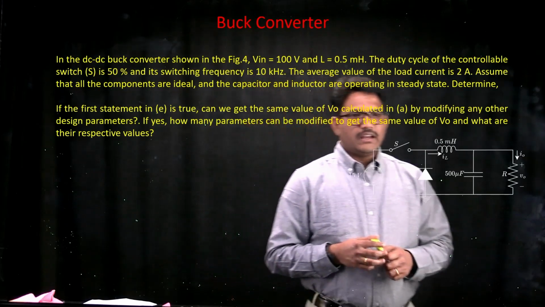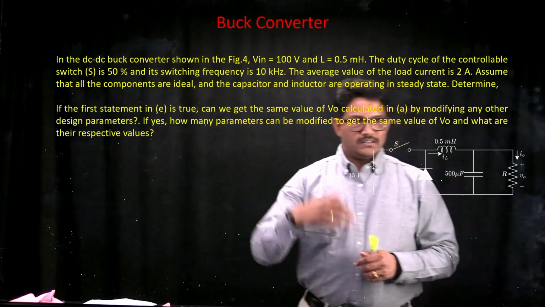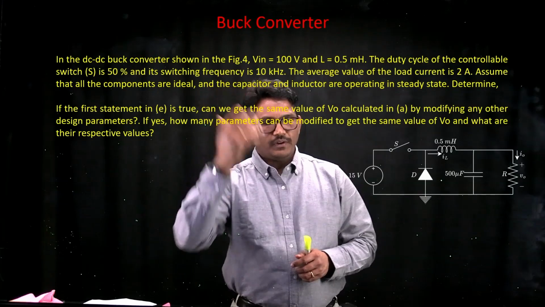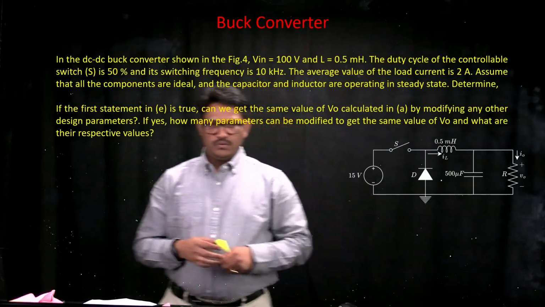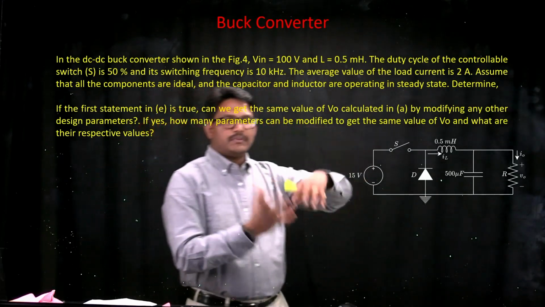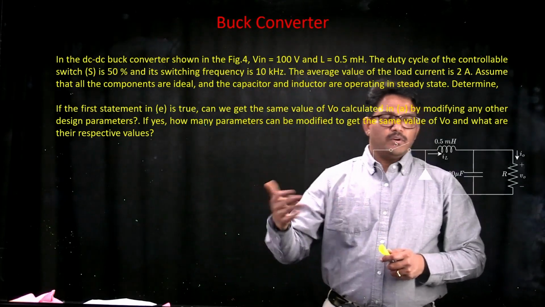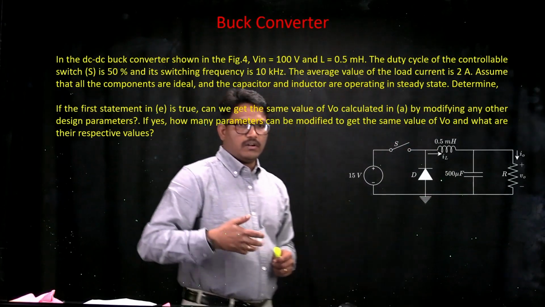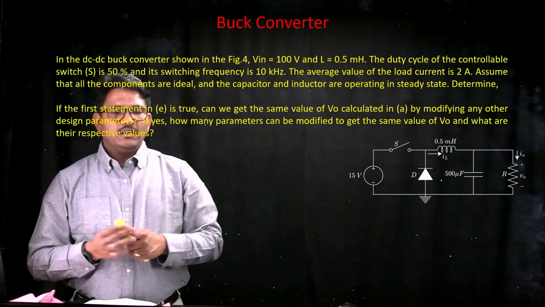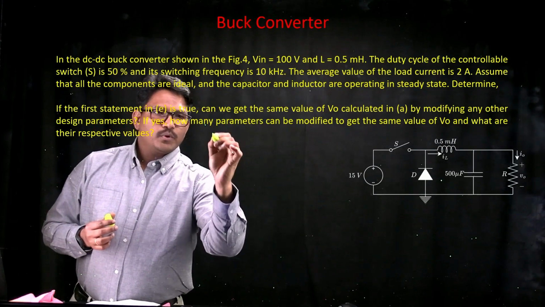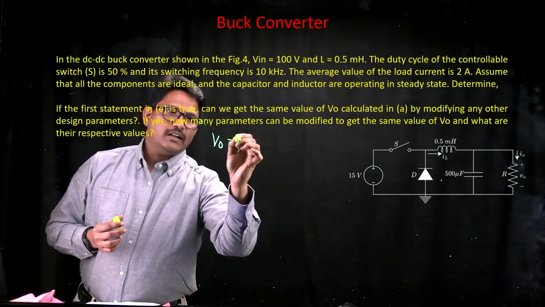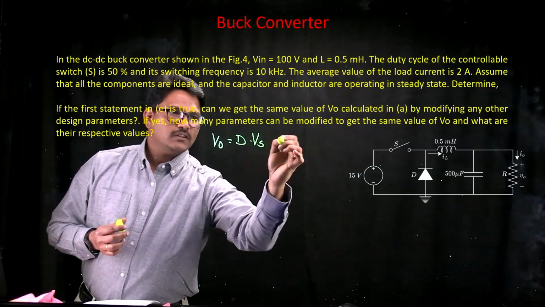Now the next question is, if you are in a discontinuous conduction mode, can we get the same output voltage as in part A, meaning 50 volts, by changing something in our design? So why are we getting 55.56 volts, higher voltage, or why is V naught equal to D times Vs not valid?